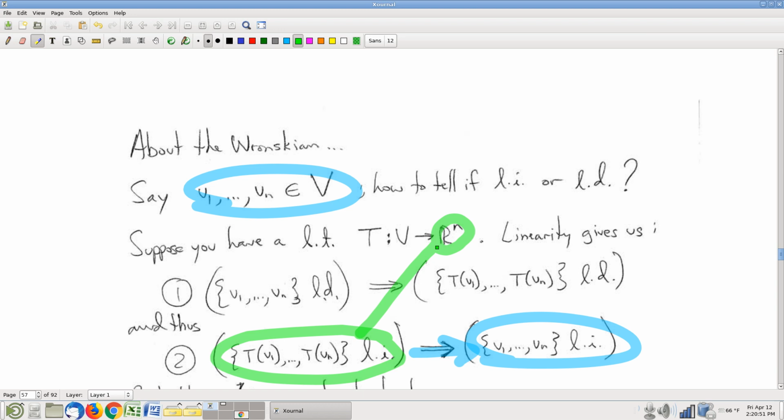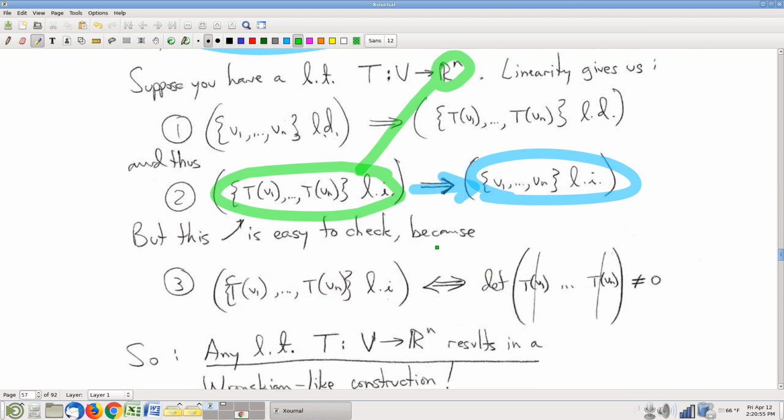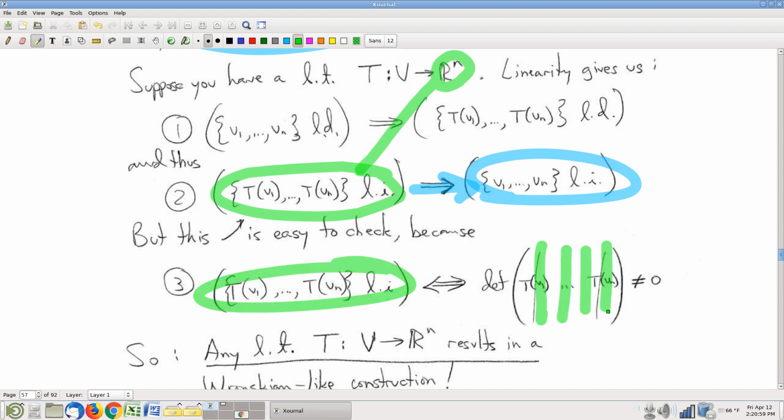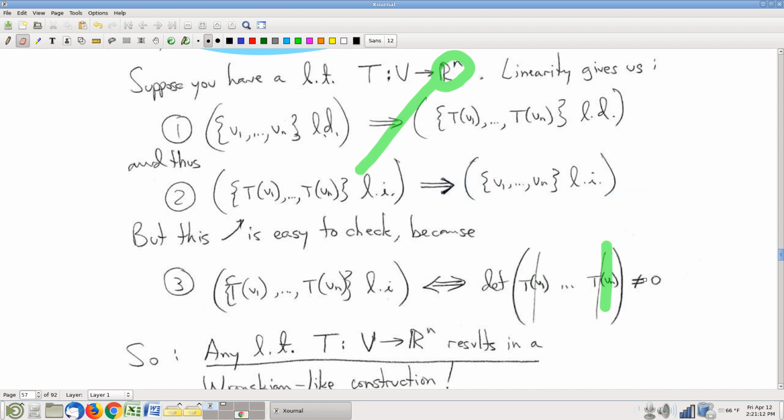Oh, I guess it's chapter 2. But n vectors in R^n are independent if, when you assemble them like this and take the determinant, you get non-zero. So there's your theorem. A very powerful theorem.